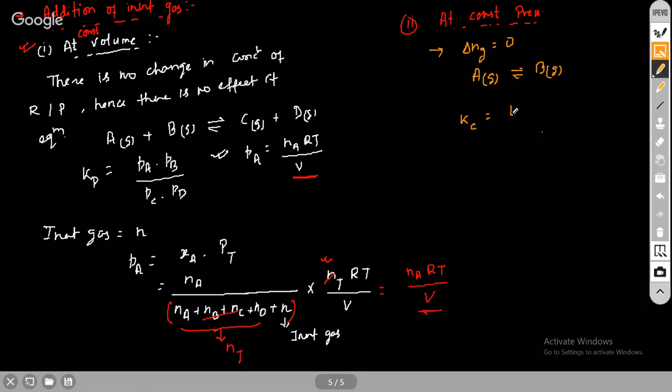That will be concentration of B by concentration of A, right? Concentration means number of moles by volume divided by number of moles by volume. Volume gets cancelled, Nb by Na. You see, this Kc is independent of the volume term.